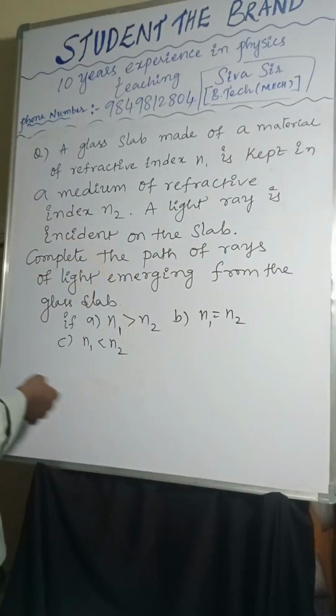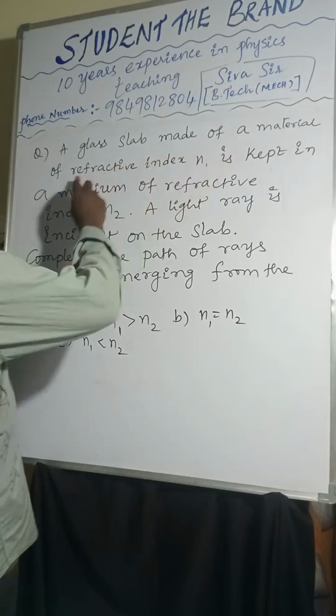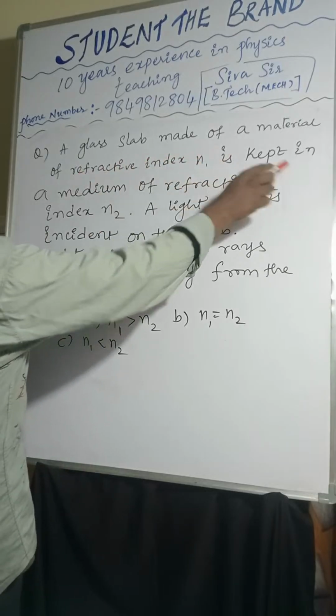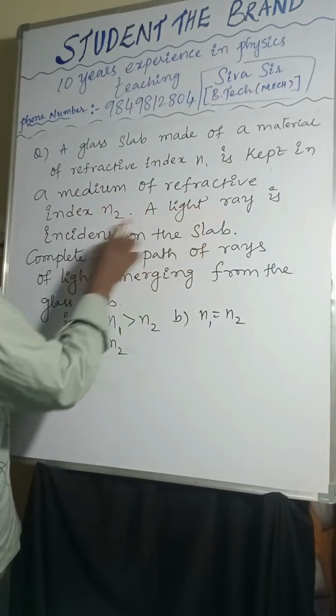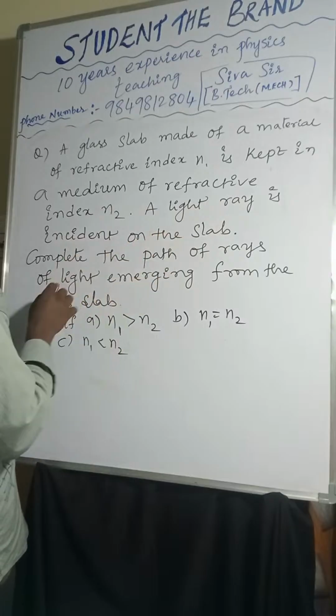Okay, well done. So, a glass slab made of a material. Come to the point. A glass slab made up of material of refractive index n1 is kept in a medium of refractive index n2. A light ray is incident on the glass slab.